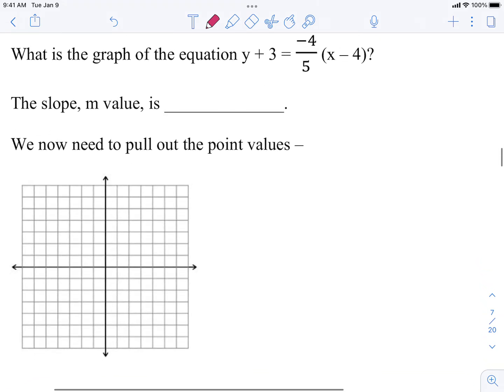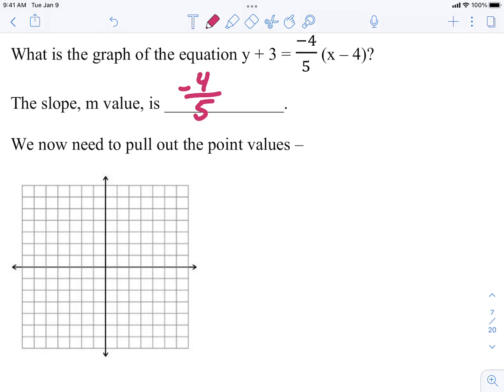So it says, what is the graph of the equation? And there it is. The slope should stick out at us, right? The slope is the number before the parentheses, or m. So in this case, our slope is negative 4/5. Now our point here.